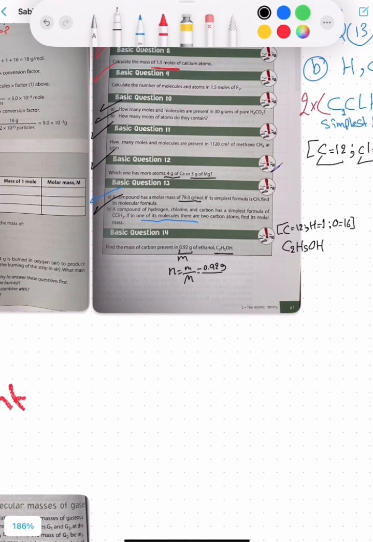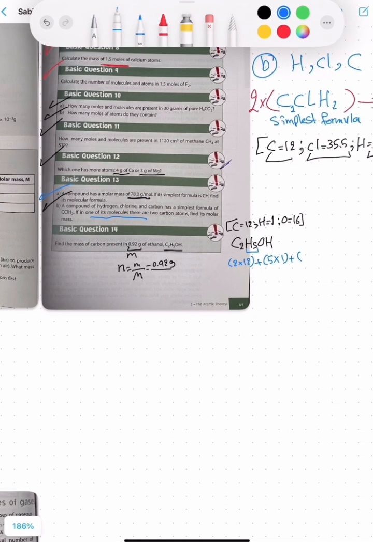So let's find it. The molar mass of ethanol. It's 2 carbon, so 2 times, how much is carbon? 12, plus 5 hydrogens, so 5 times, how much is hydrogen? 1, plus 1 oxygen, so 1 times 16, plus another hydrogen, which is 1 times 1. And the answer should be 46 gram per mole.